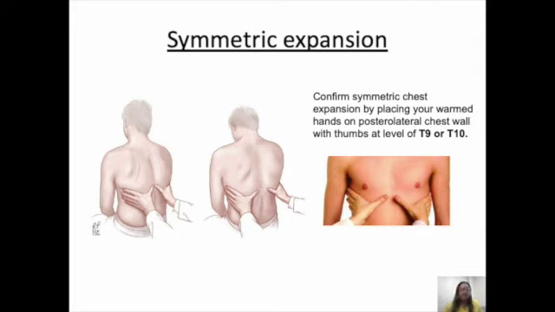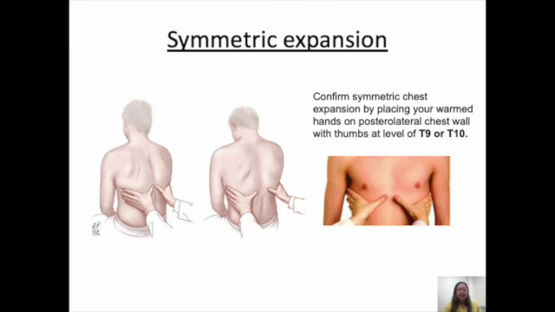So the first 2 pictures here, you see they're doing symmetric expansion at the level of T9 and T10. They're going to pinch just a little bit and have the patient breathe, and you're watching for that expansion moving of your hands. You can also do this anteriorly, starting at the xiphoid process and then checking for that costal angle, which, again, should be about 90, and then watching the symmetric expansion there.